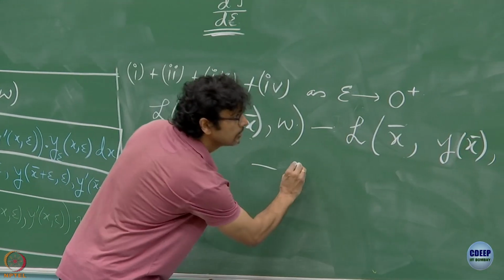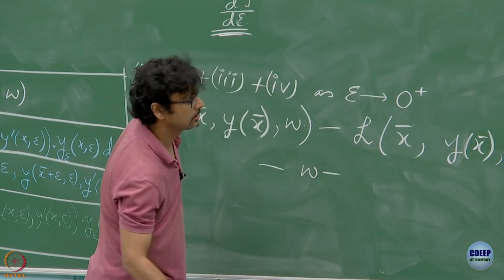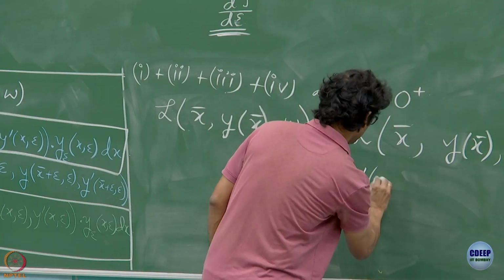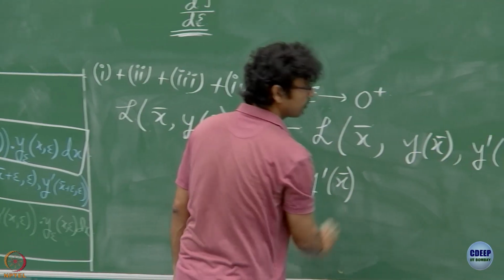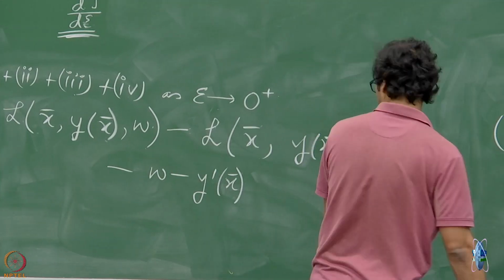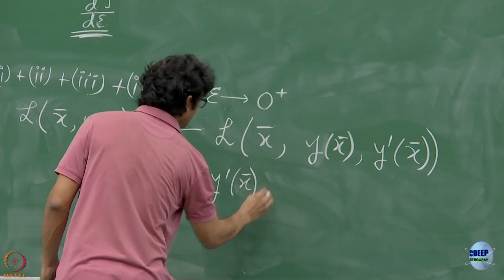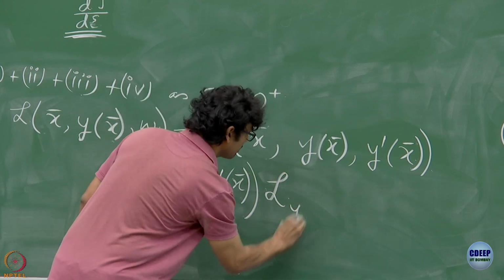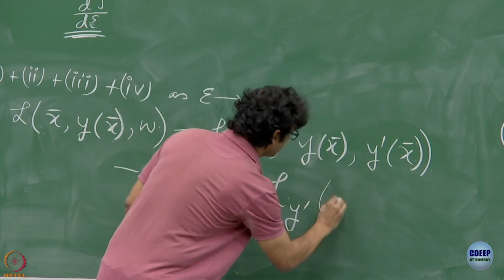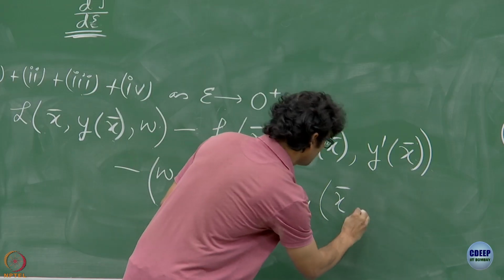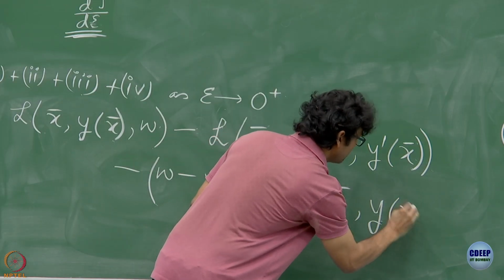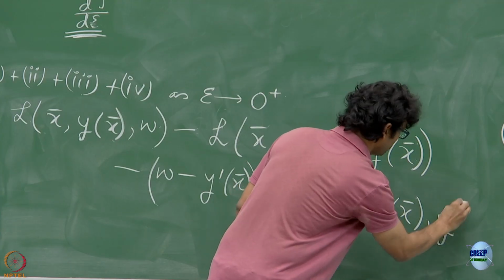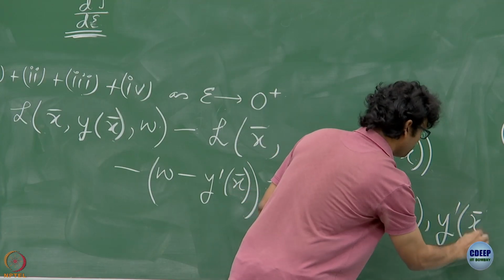Minus w minus y prime at x bar, right, times L y prime at x bar, y at x bar, y prime at x bar.